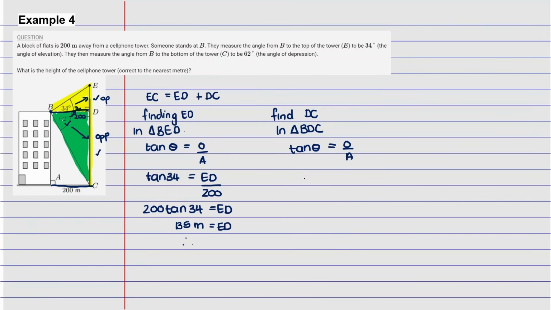In our case, our angle is 62, so it's tan 62 equals opposite, which is what we're looking for, DC, divided by adjacent, which is 200. So this is the same as saying 200 tan 62, and that is going to be equal to DC, right?